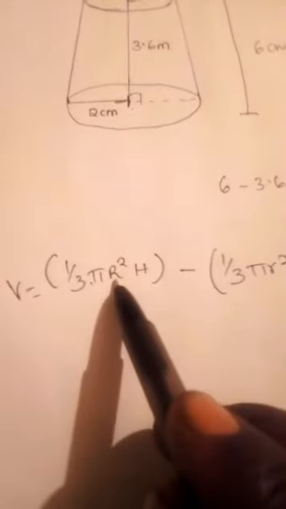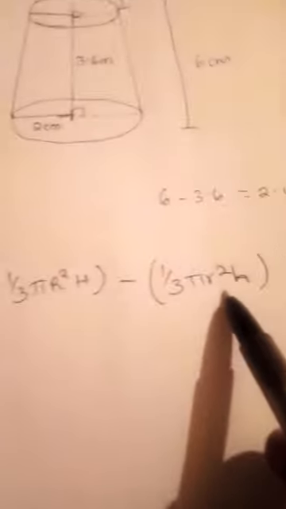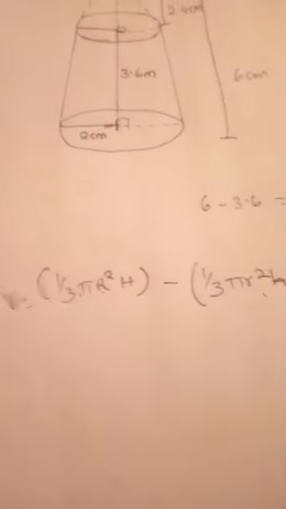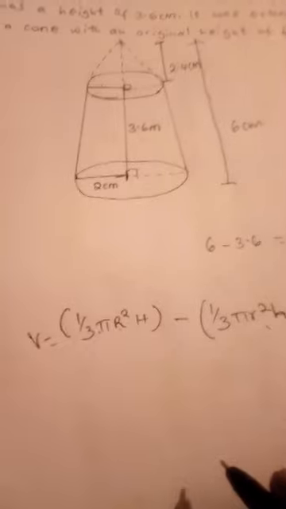Now, the radius of the larger cone we have, but we don't have the radius of the smaller cone, so we should look for it. The radius here is this one. We should know that those radii are actually parallel to each other.